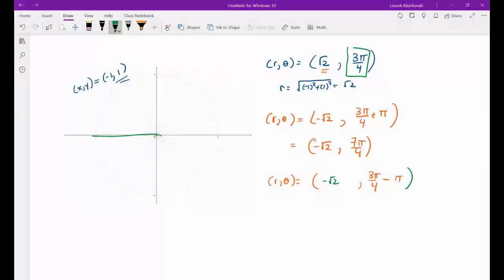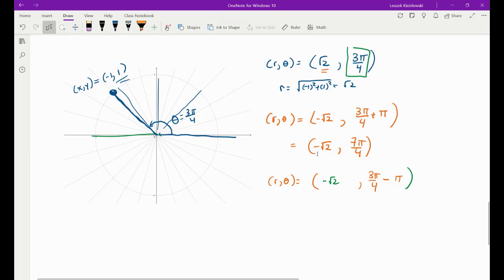So we knew where our point was, -1, 1. And we know theta can be measured from the positive axis counterclockwise. So we knew that that was 3/4 of pi. So that's just knowing the unit circle.